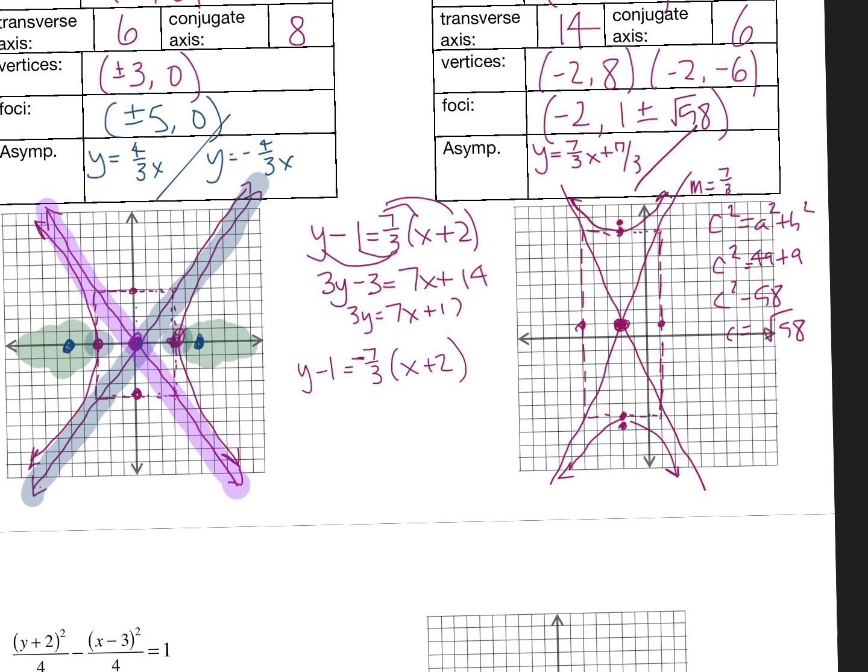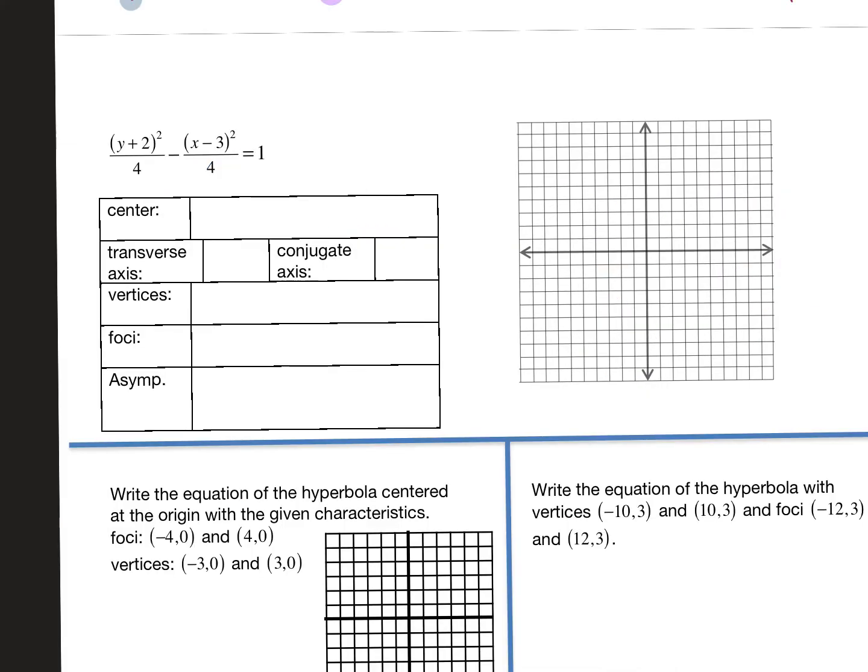I'm going to fraction bust and distribute all in one step. 3y minus 3 equals -7x minus 14. I'm going to move the -3 to the other side, which makes it -11. Then I'm going to divide everything by 3. So the last asymptote equation is y equals -7/3 x minus 11/3.